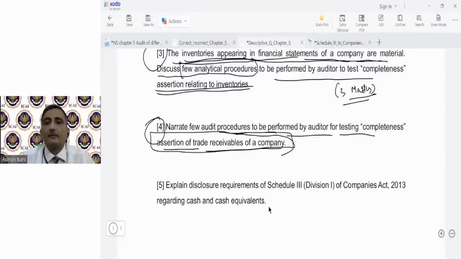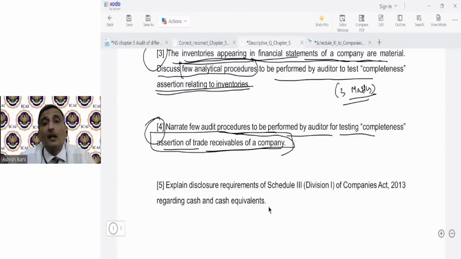Say all the goods which have been dispatched near the end of the reporting period, he will check the dispatch report of say the last 5 to 7 days, and he would see that for all the goods which have been dispatched, the corresponding invoices have been raised.